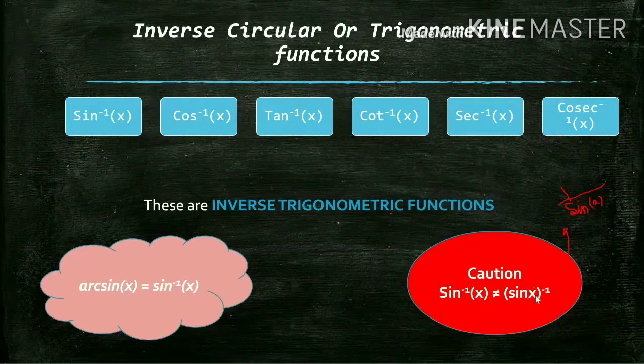Because sine x to the whole inverse is nothing but 1 upon sine x, which equals cosec x, not cosec inverse, just cosec x. And cosec x does not mean sine inverse x. Please get things clear in your mind. If you do the question, put the inverse sign after sine and before x. Don't write sine x and then inverse. These are not equal.